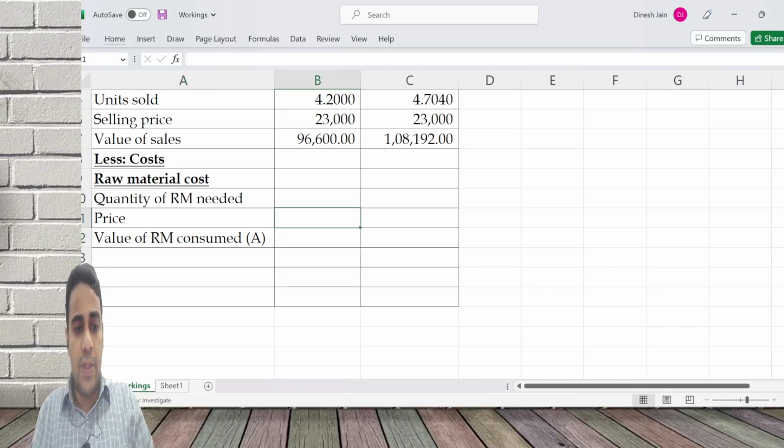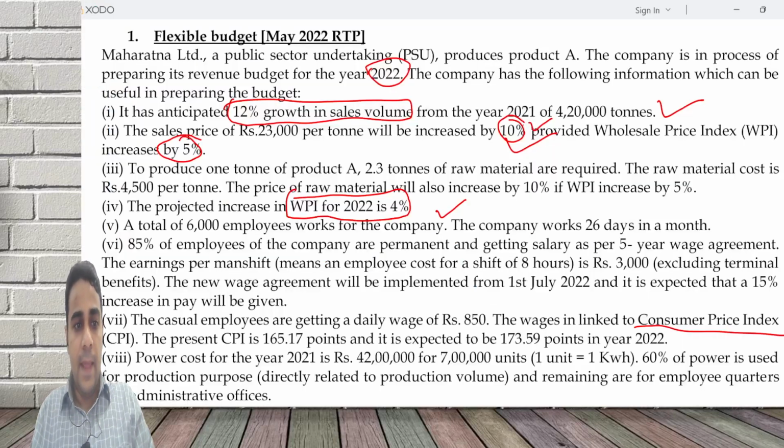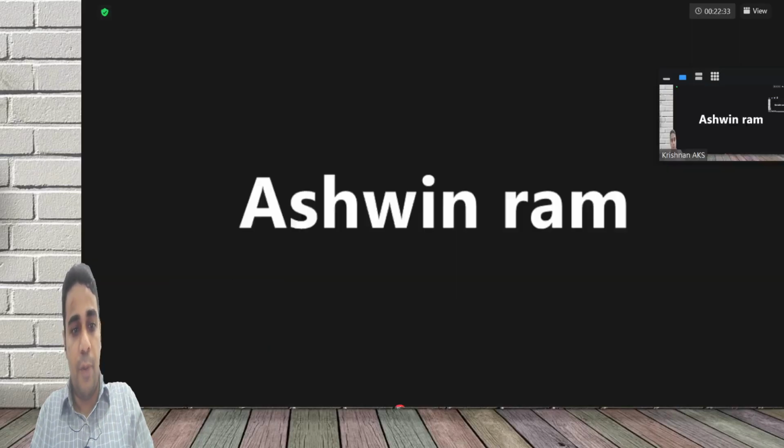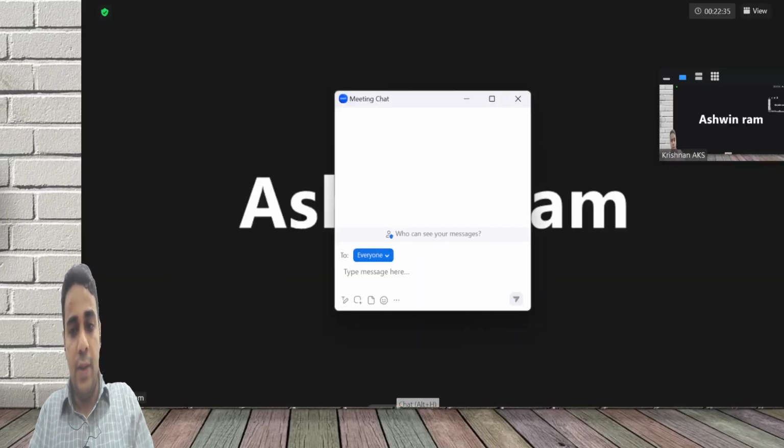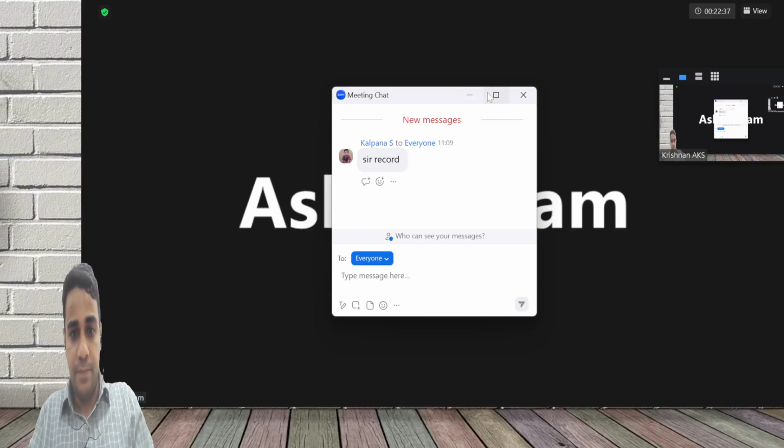Coming to quantity of raw material needed: to produce 1 ton of product A, 2.3 tons of raw material is needed. So the input-output ratio is 2.3 to 1.